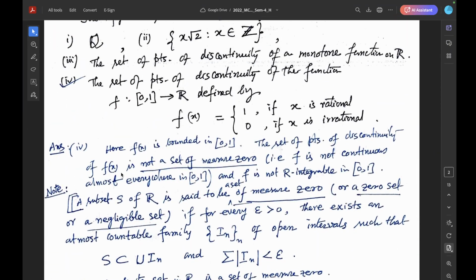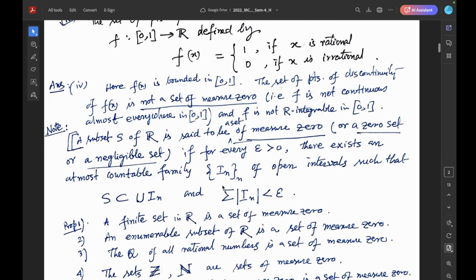Here f(x) is a bounded function on [0,1]. The set of points of discontinuity of f(x) is not a set of measure 0. That means f is not continuous almost everywhere in the closed interval, and f is not Riemann integrable in [0,1].